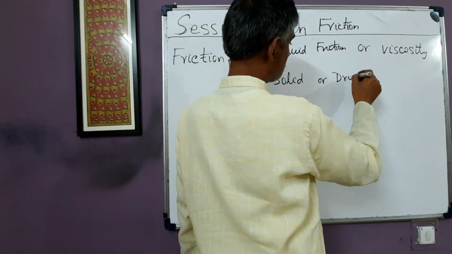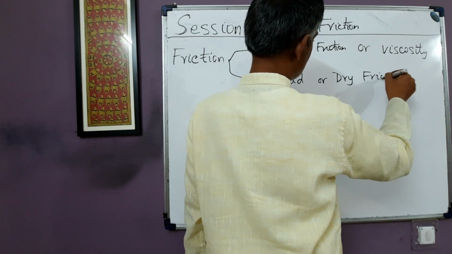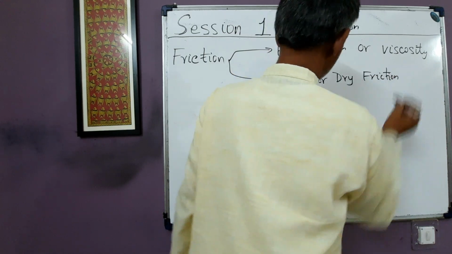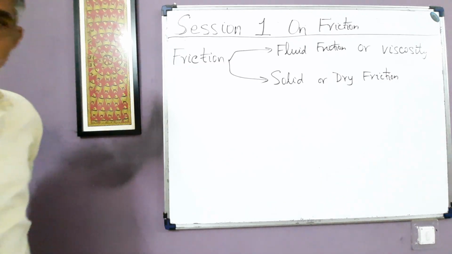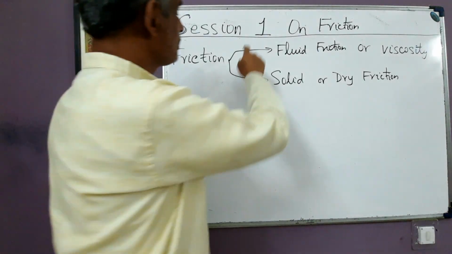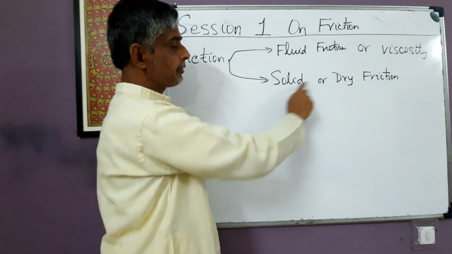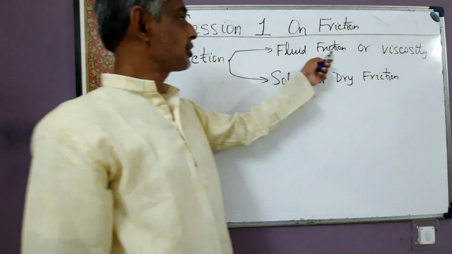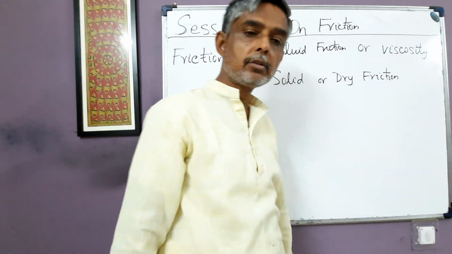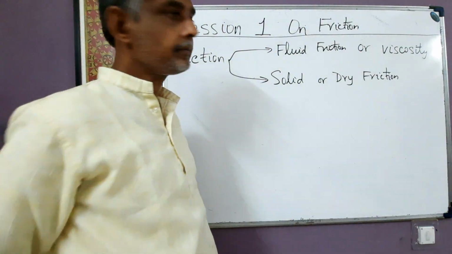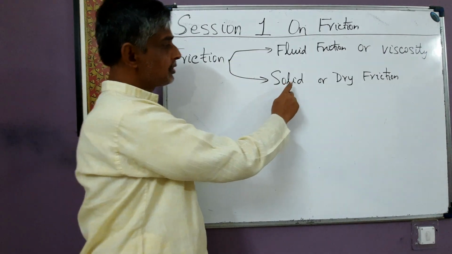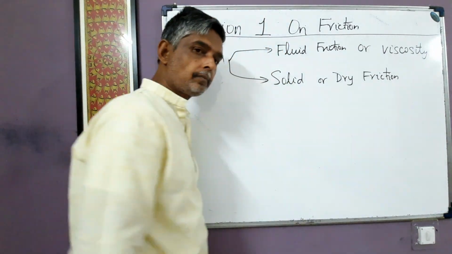In this first video I'll take up solid or dry friction. Fluid friction or viscosity will be discussed in the chapter on fluid mechanics. Now I'll take up this case, solid or dry friction.